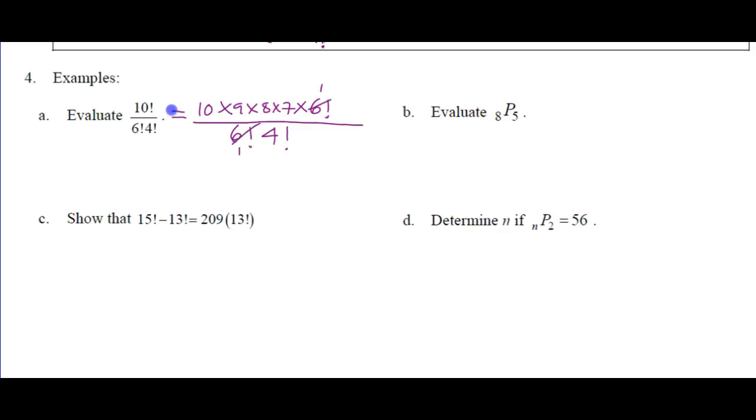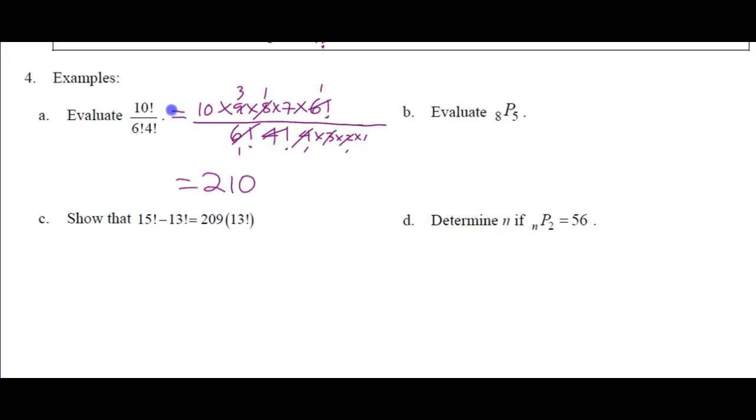And 4 factorial is 4 times 3 times 2 times 1. So 4 and 2 give me the 8. Take out an 8, right? And 3 goes into 9 3 times. So we got 10 times 3 times 1 times 7 times 1, or 210. That's not something you're really ever going to have to do, right? Because you could just plug that in your calculator the way it sits.